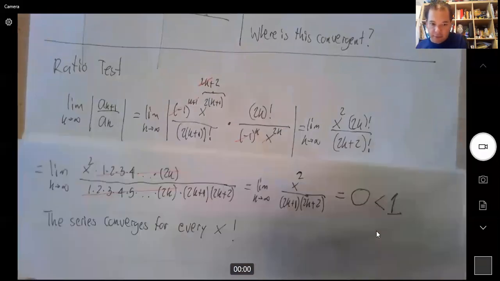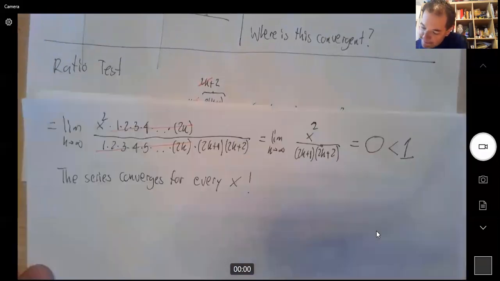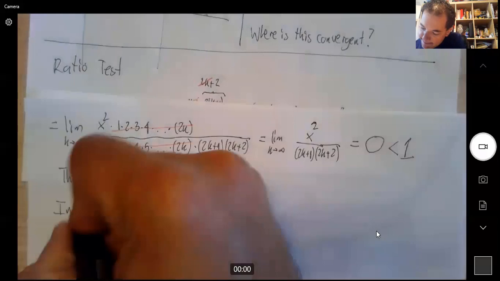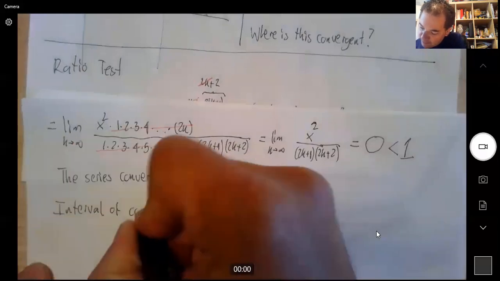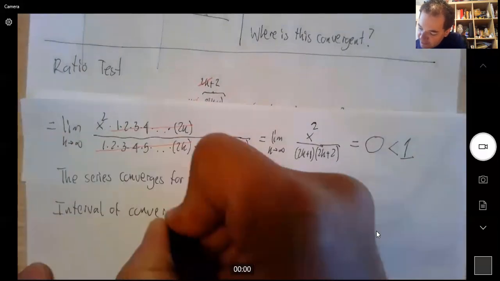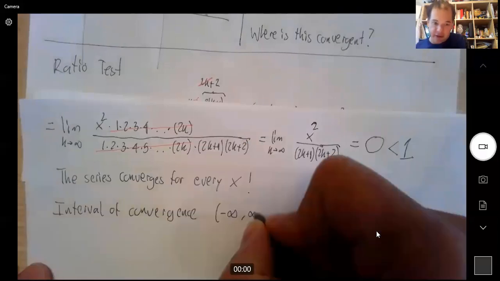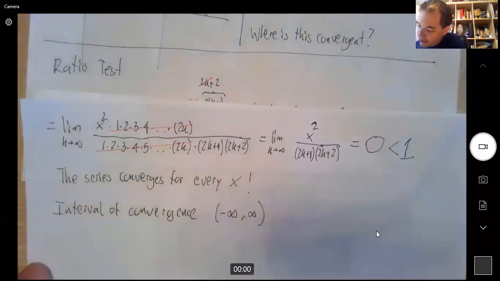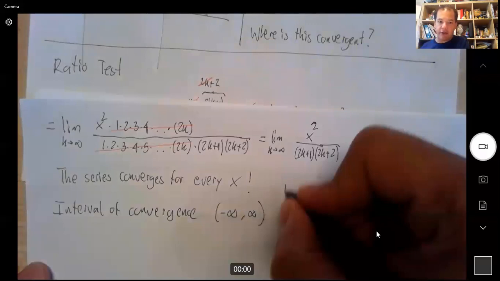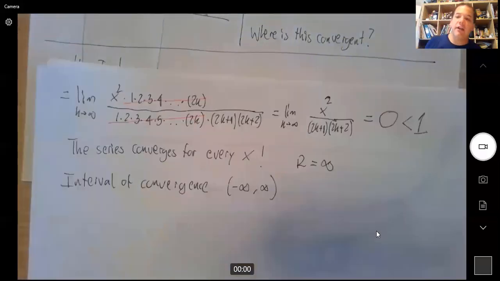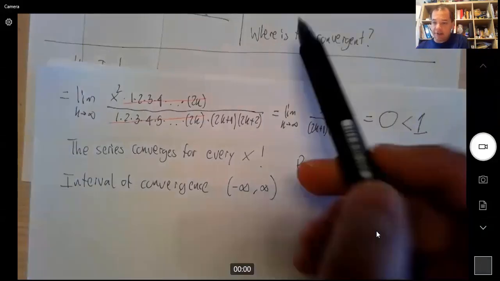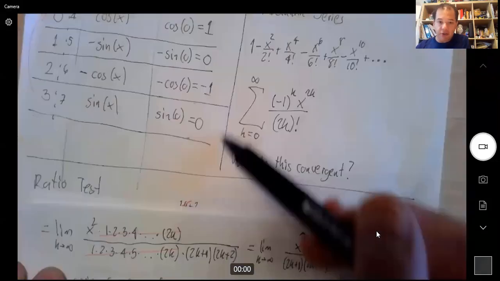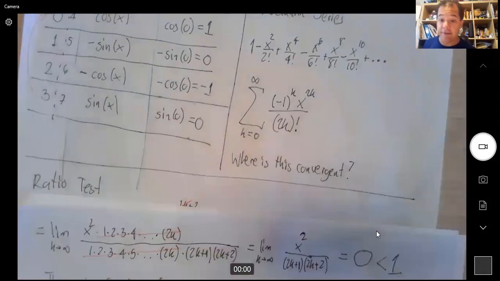So the interval of convergence is negative infinity to infinity, everything. So that means the radius of convergence is infinity as well. All right. So then the latter question, the question we cannot answer at this point, is whether this series over here actually equals cosine x?